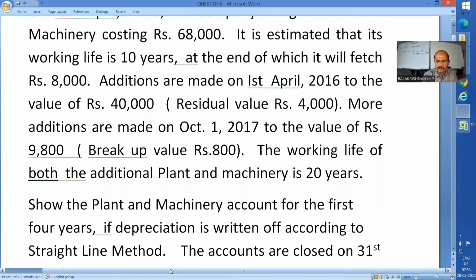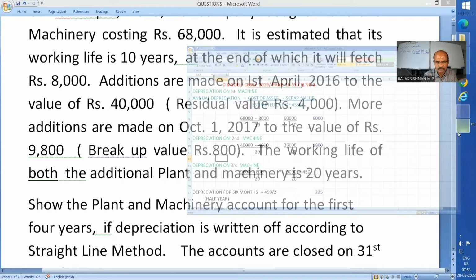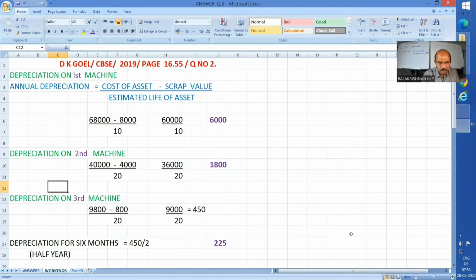Now let me work it out for you. Before we work out any question, first is the working sheet. If we move in a systematic way, we will be happy, we will get more marks also, and our work will be at ease. So already we have observed there are 3 machines, so primarily we have to see year-wise depreciation in respect of each machine.